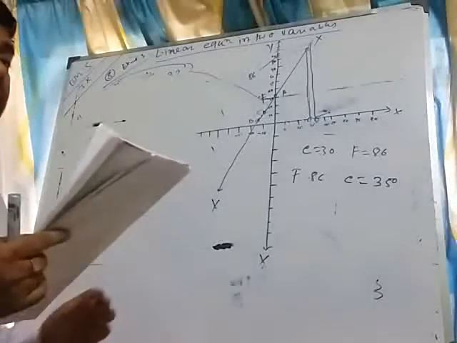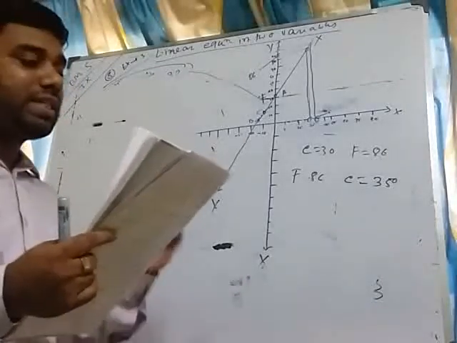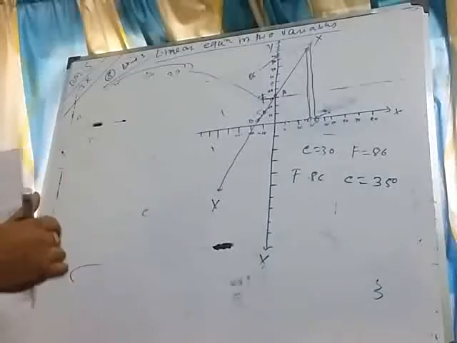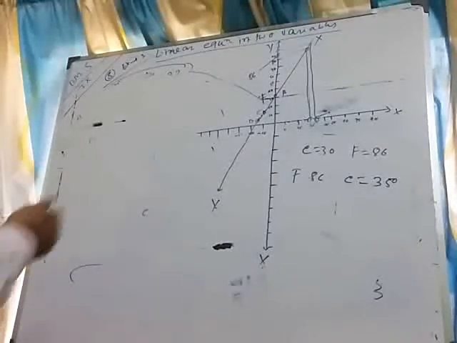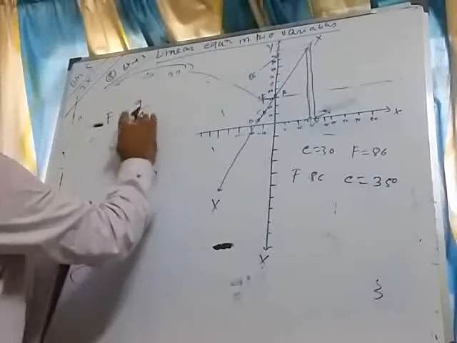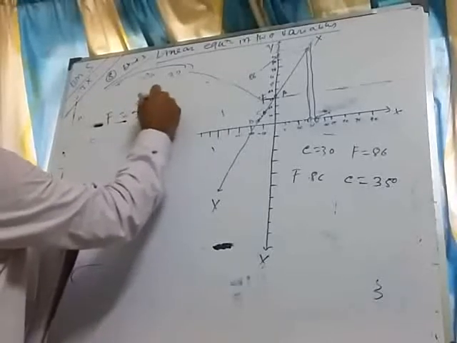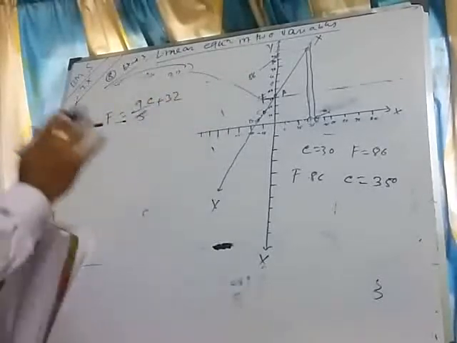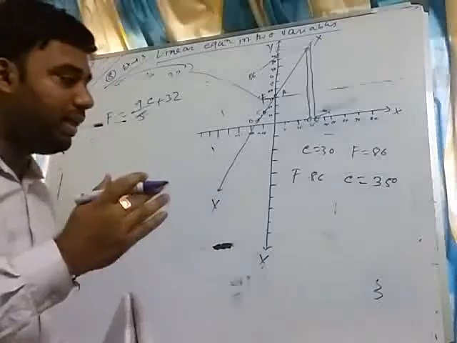Is there any temperature which is numerically the same in both F and C? It means both the values are the same in the Fahrenheit scale and the Celsius scale.